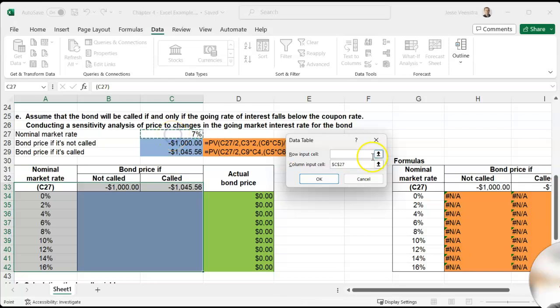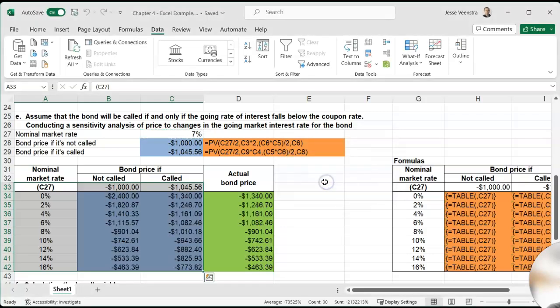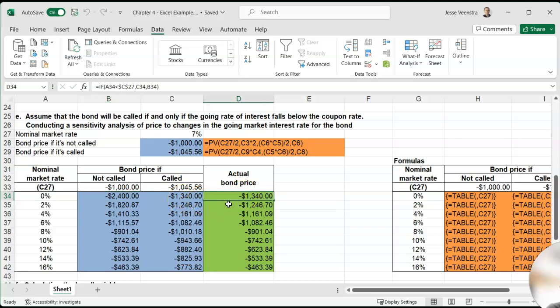So I'm going to click C27 and put that in my column input cell and hit OK. And now it fills in that information. So it's telling us if the interest rate is 0, the price of the bond, if it's not called, is $2,400.